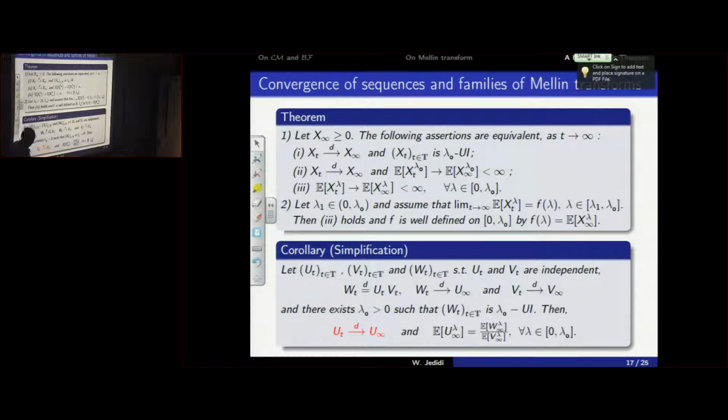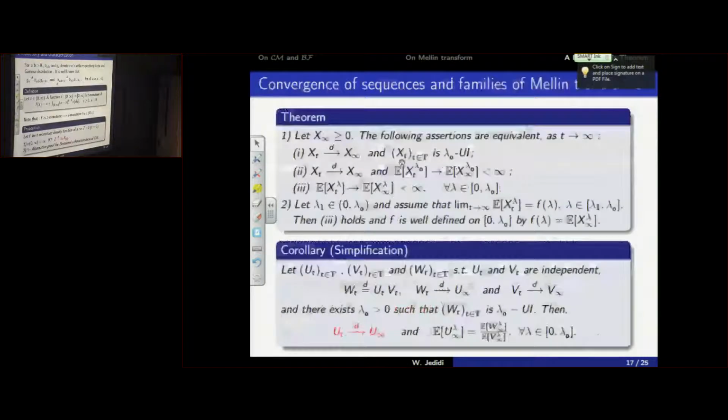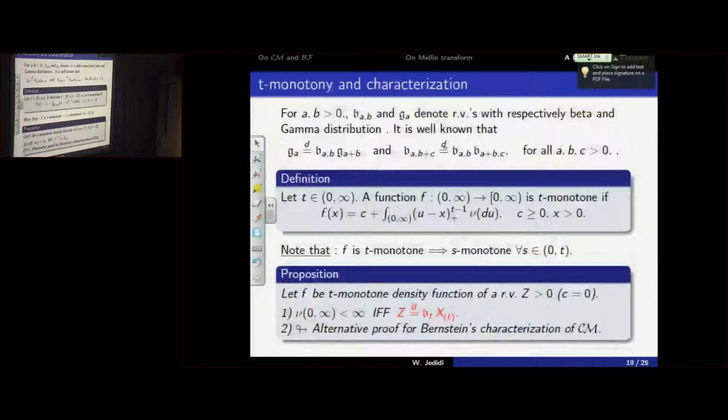Then we also needed this criterion, and now I get into the subject. But before, perhaps I will skip this part, which is purely probabilistic. This is the concept of beta and gamma distributions. We also need the concept of n-monotone function. What is an n-monotone function? Look at n as an integer.